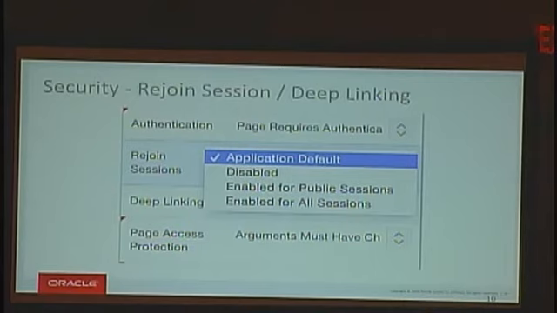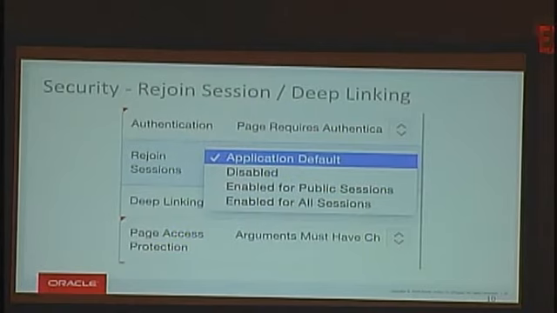We will just grab your existing session, if there is one, and join you together so that the other tab you might have in the browser will not be invalidated, and I will just show that in a second. By default, we just allow that for public sessions, because as long as you're not logged in, there is no need to actually have this kind of security.